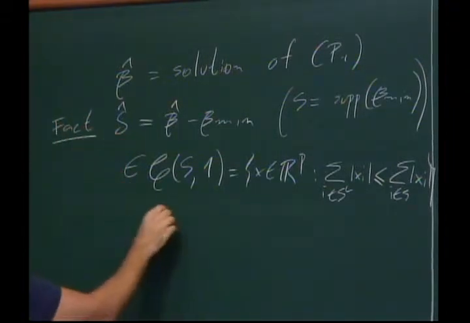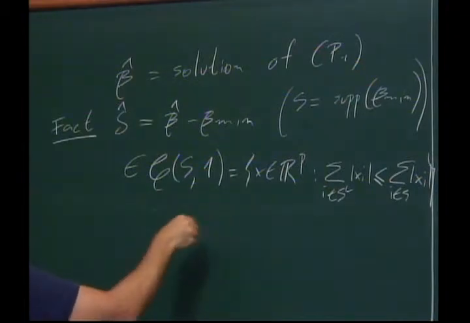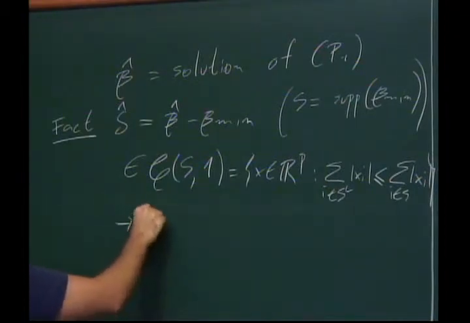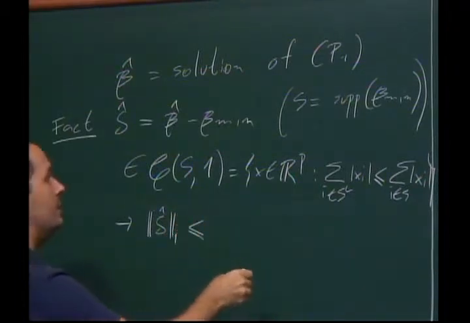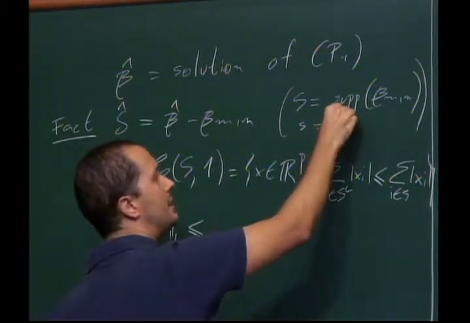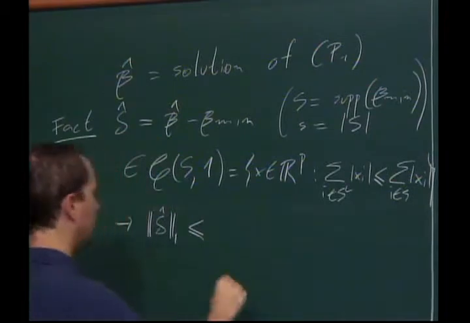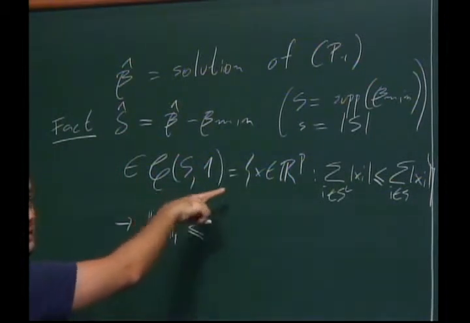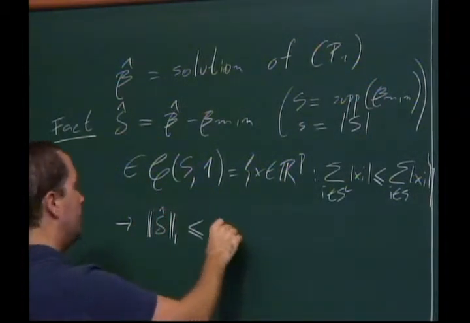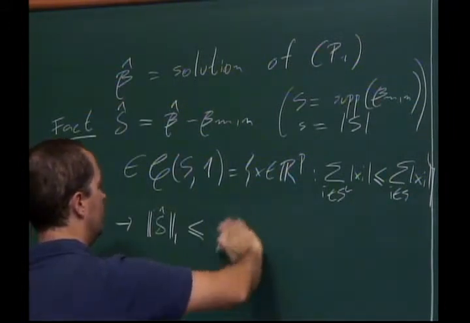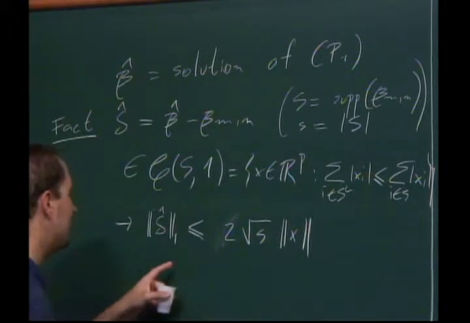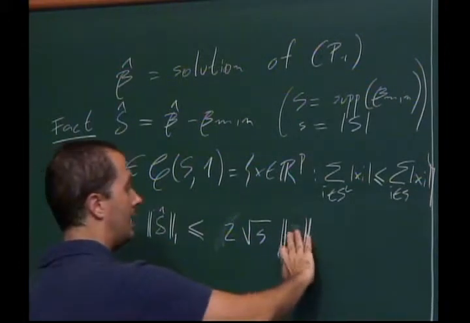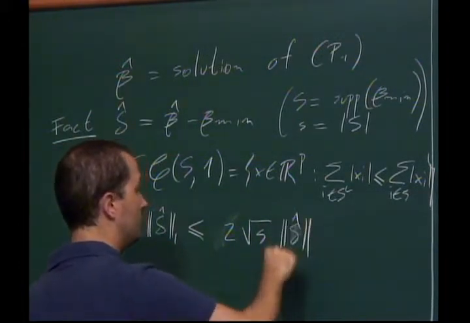And let me mention that we also showed that whenever you have a vector in the set, and little s is the size of S, it must satisfy the inequality that its L1 norm is less than twice the square root of s times the L2 norm.